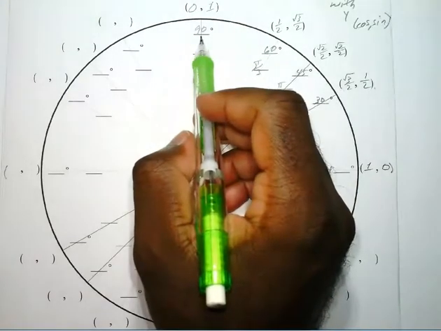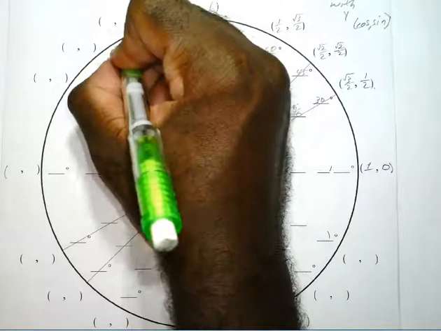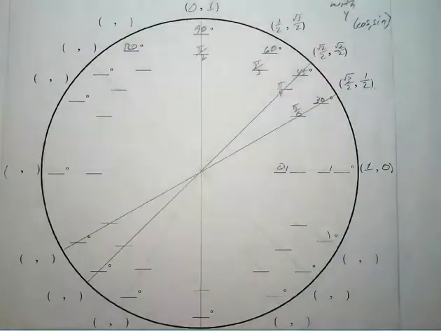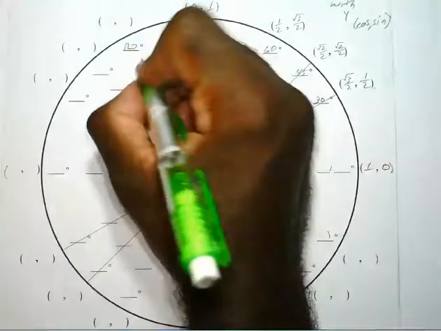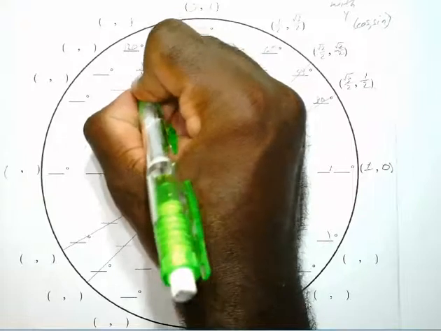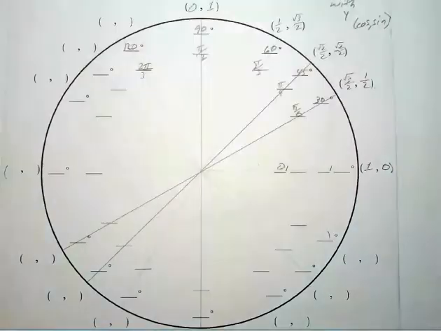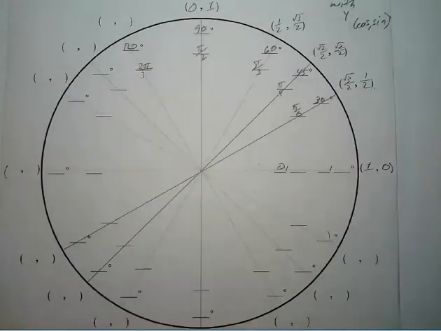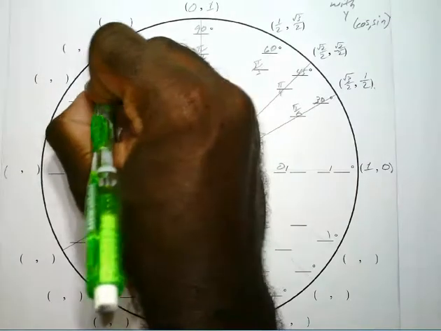Okay, so this is 90 degrees. If we move a little further, this is 120 degrees, or 2 pi over 3. Okay, this is 135 degrees, or 3 pi over 4.